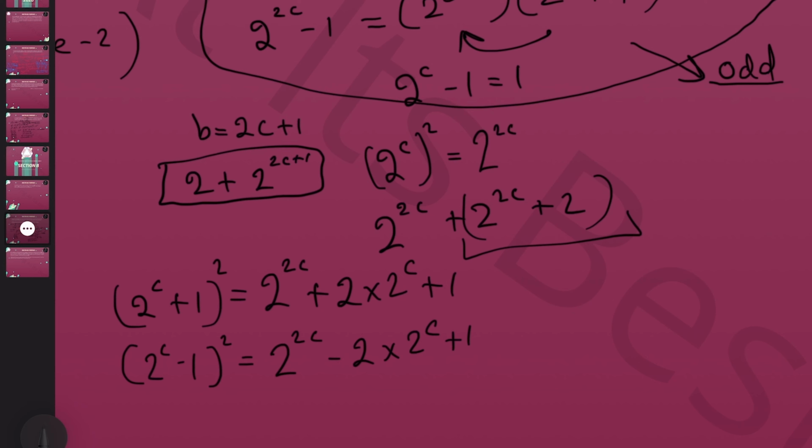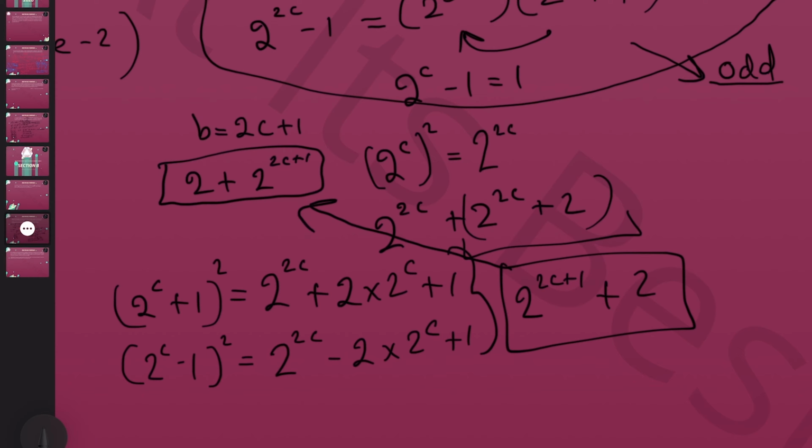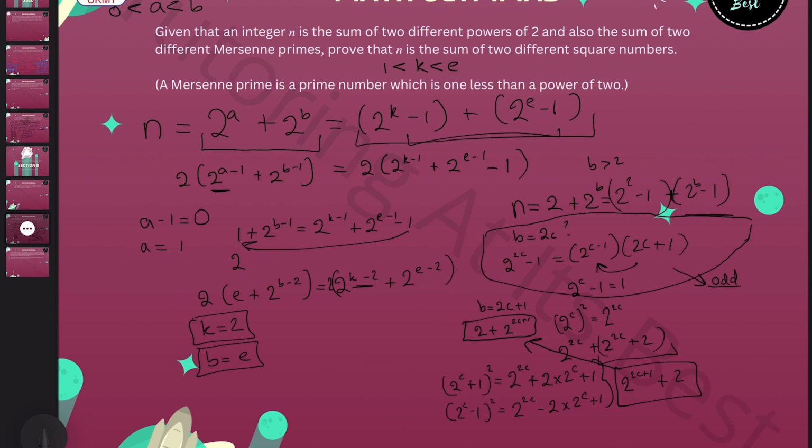And it just happens that if we add these two things together, what are we left with? We're left with 2 lots of 2 to the 2c. So again, you can see that here. And these can cancel out directly, and we are left with plus 2, which is exactly what we were looking for in our top section here. And that there is proof that n is a sum of two different square numbers.